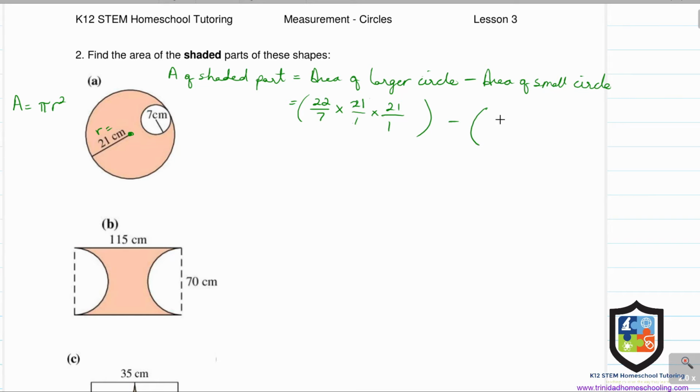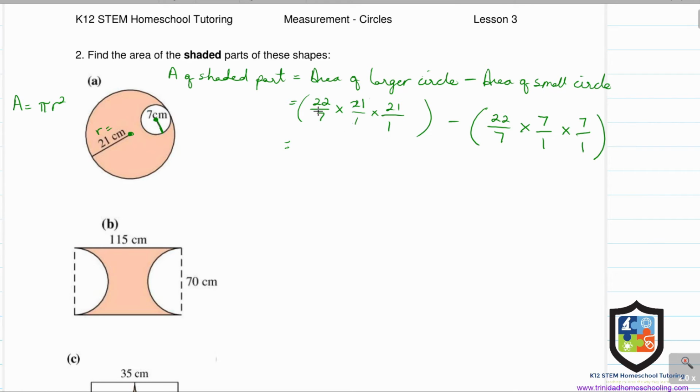The area of the small circle, we're going to use 22 divided by 7 as our pi multiplied by, now the radius here is from this center to its circumference, which is 7 centimeters. And remember, it's 7 centimeters squared. Now, the reason why I wrote it like this is to be able to get rid of that denominator quite easily.